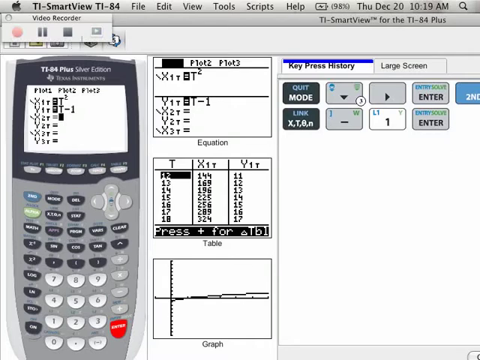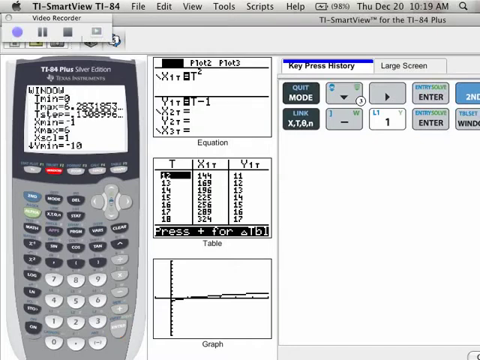And then you need to go to your window, because this is a little bit different than what we've been using in the past with our function notation, y equals something. So if you go to your window now, you see all this weird stuff. What did they tell us our window was from?